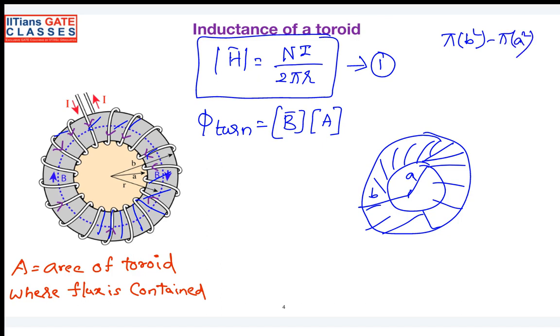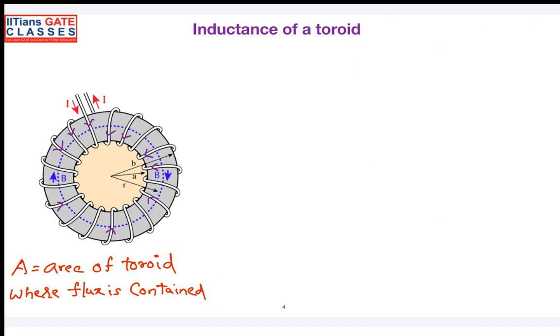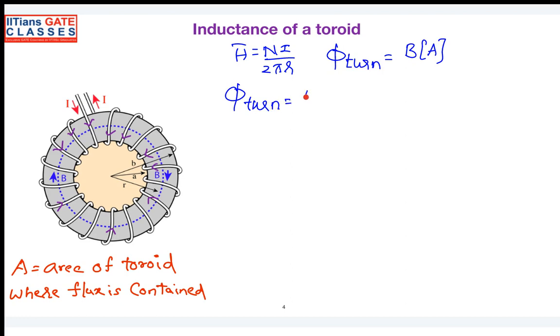I was representing it as a capital A. So H is equal to Ni by 2 pi r, and the flux per turn is equal to the flux density multiplied by area. So the flux per turn is equal to mu H into A, which is mu Ni divided by 2 pi r, into A.